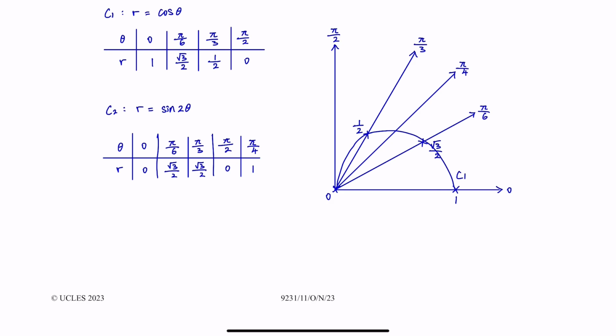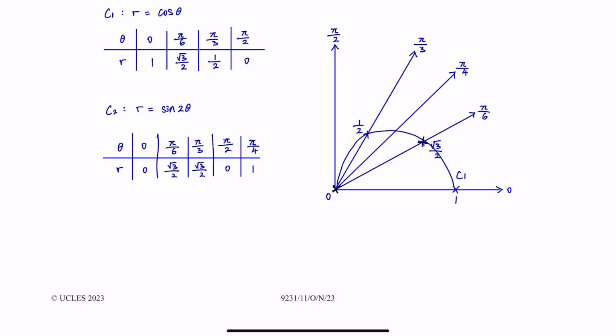For C2, I use another color. Let's use black. For C2, this will be the first point. When theta is 0, r is 0. When theta is pi over 6, r is sec 3 over 2. So it's also around here.